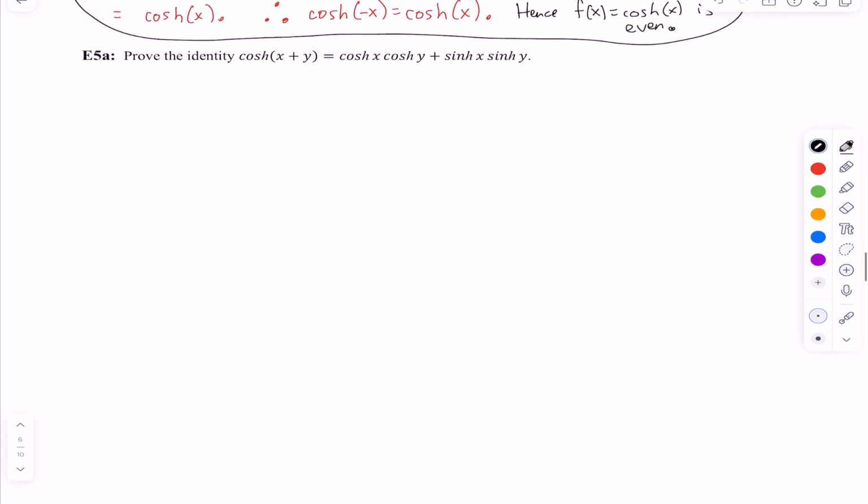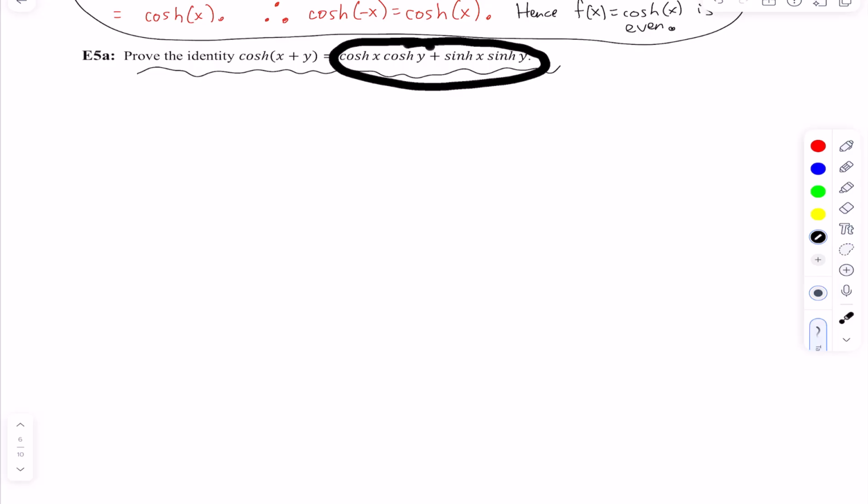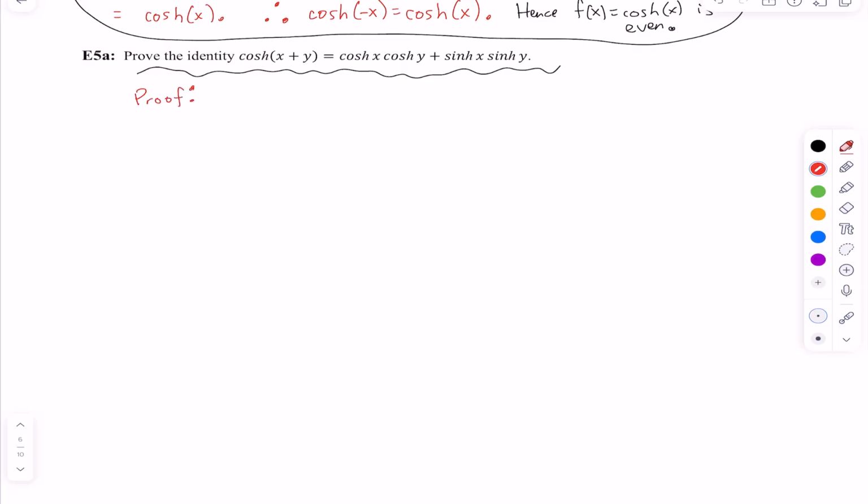Let's prove another identity. Now remember, when you prove an identity, you must copy one of the original expressions. Notice these expressions are right here. There's one on the left-hand side of the equal sign, and there's an expression on the right-hand side of the equal sign. The expression on the right-hand side looks more complicated, and that's the one I'm going to choose. If it looks more complicated, there's a good chance that I might be able to simplify it.